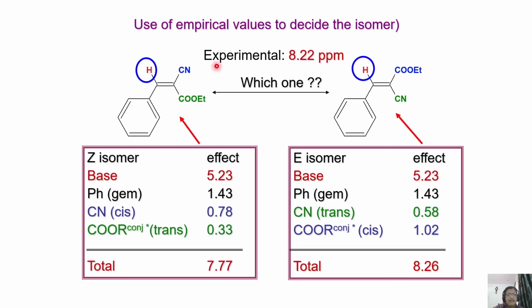Now what they did is they started making calculations by taking this base value of 5.23, started adding all the substituent effects, and if COOEt or CN group was cis to this, you would get this chemical shift approximately predicted, whereas in this case it is 8.26, and this is very close to the experiment. So this is one of the few applications of the Shoolery rule which used to be there in olden days.